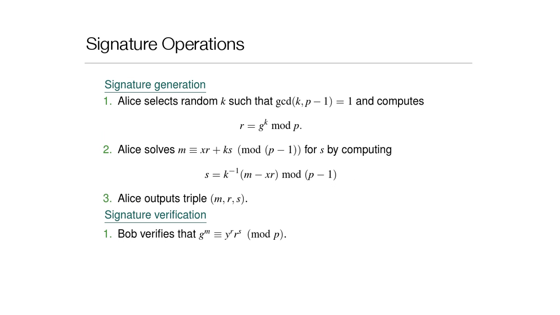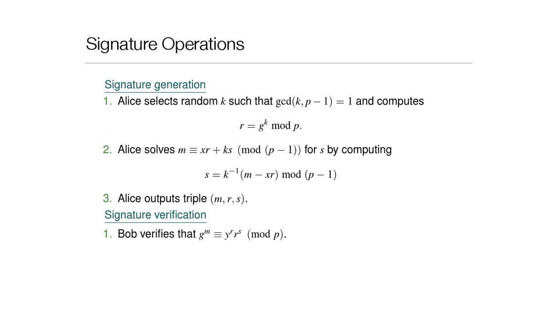And then she computes R in a way that G to the power K mod P equals R. Then Alice solves M congruent to X times R plus K times S mod P minus 1 for S by computing S equals K inverse times (M minus XR) mod P minus 1.